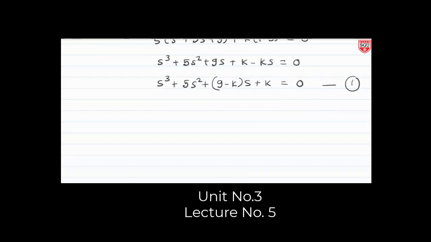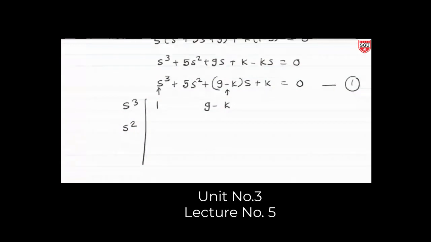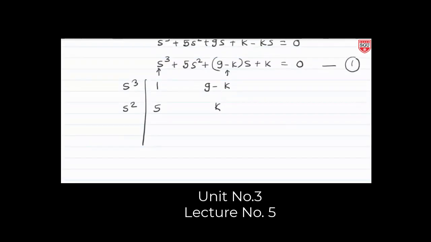I will do it a little bit fast now. s cube, s square. The s cube terms will be 1 and 9 minus K. The second row will be 5 and K. Correct me if I make some mistake.